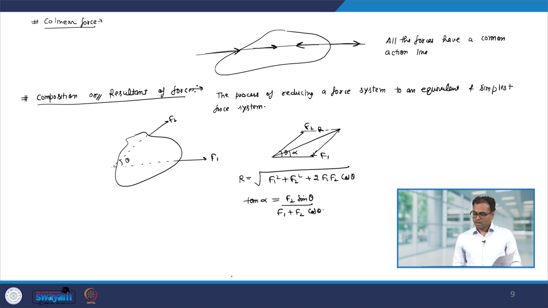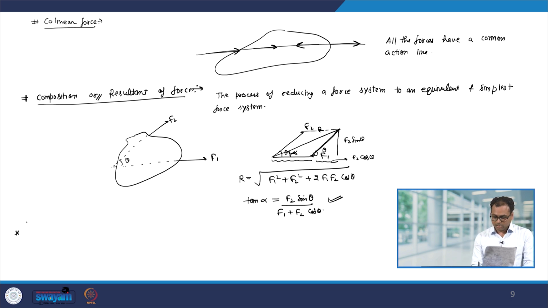Okay. Because this one is theta, this one is F2. So, therefore, this will be F2 sin theta. So, tan alpha becomes F2 sin theta divided by this distance plus this distance, and this one is F2 cos theta. So, we get tan alpha equal to F2 sin theta over F1 plus F2 cos theta.